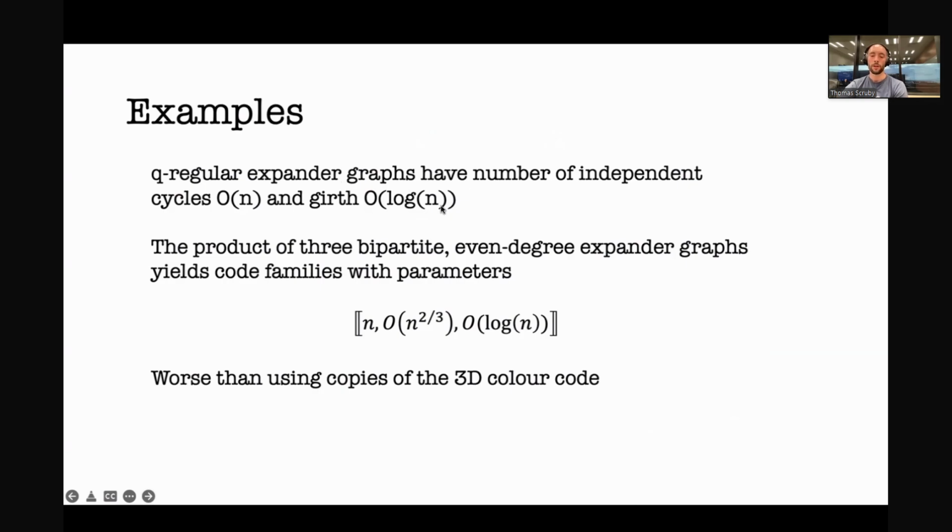From a code construction perspective, this log girth is extremely bad, but from a graph theory perspective, it's extremely good. It's basically the best you can do on any graph family that is not just a cycle.